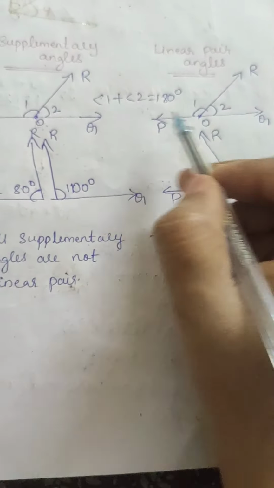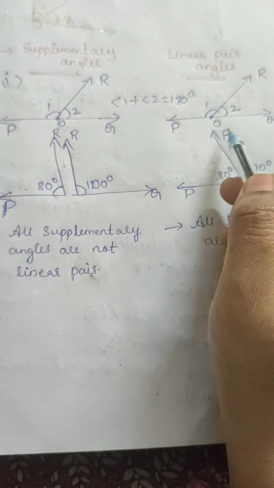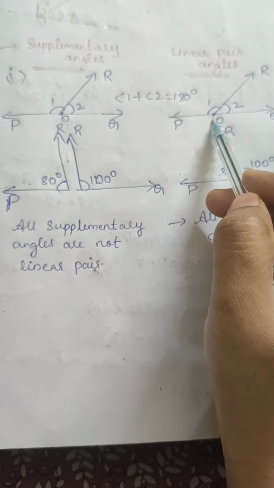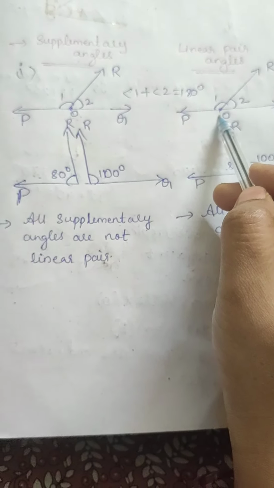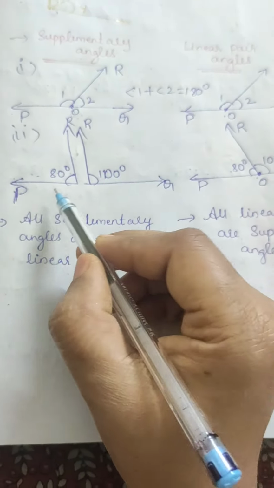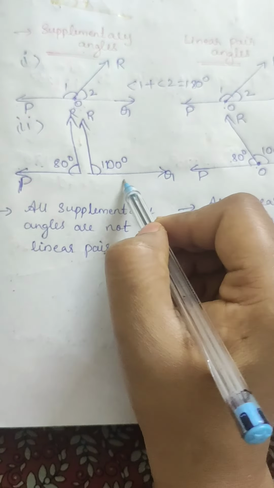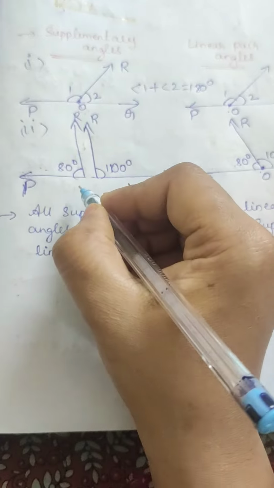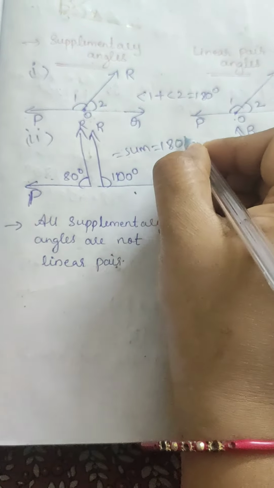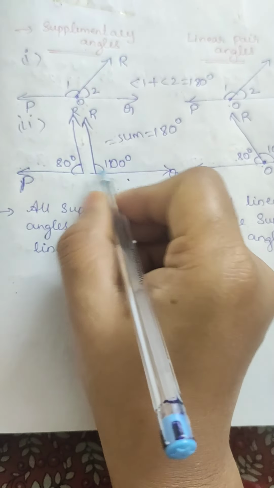Both the diagrams are similar. Both supplementary angles and linear pair have their sum equal to 180 degrees. Next, in case 2, the first angle is 80 degrees and the second angle is 100 degrees. Their sum is equal to 180 degrees. These two angles are supplementary angles only.